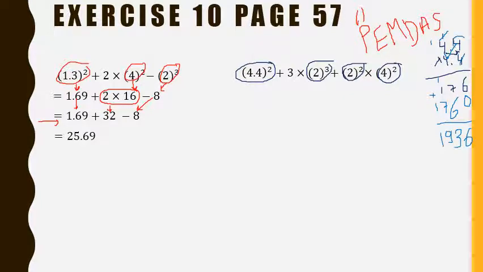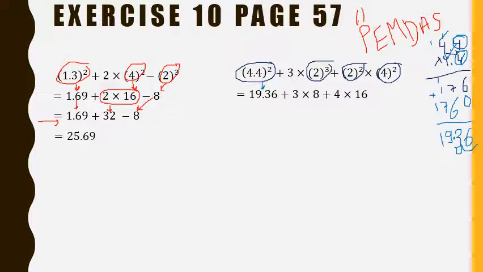Here we have one digit after the point, and here we have one digit after the point. There are two digits after the point, so here let's skip 2 digits and put a point. Okay, you can use your calculator to check it. So 4.4 squared is 19.36.